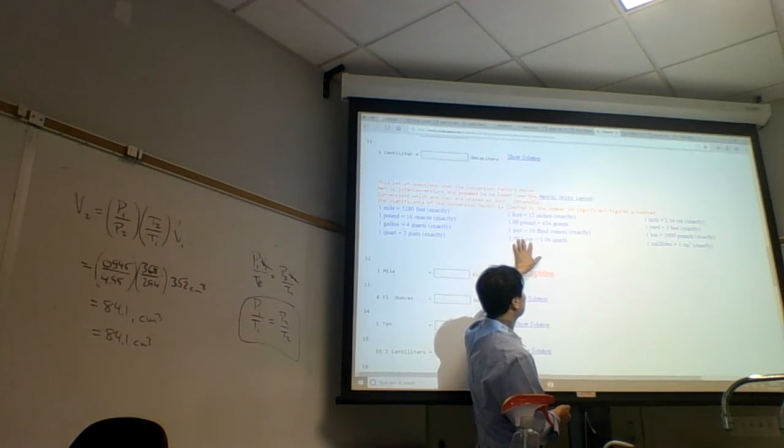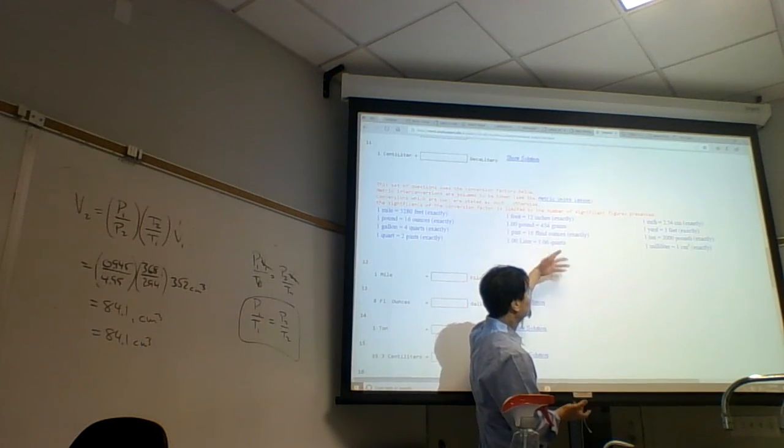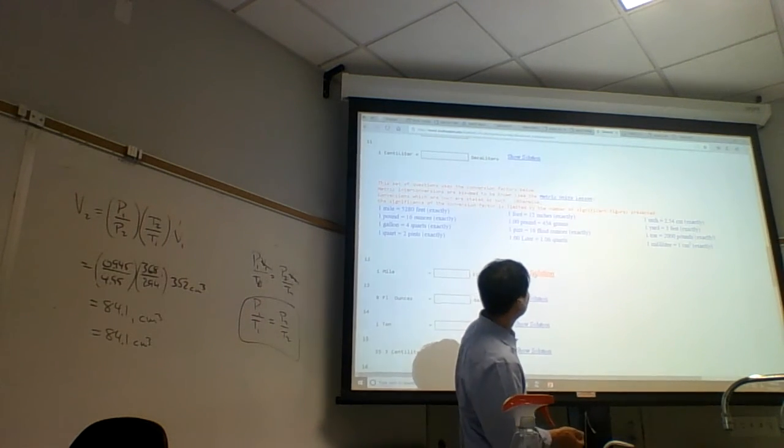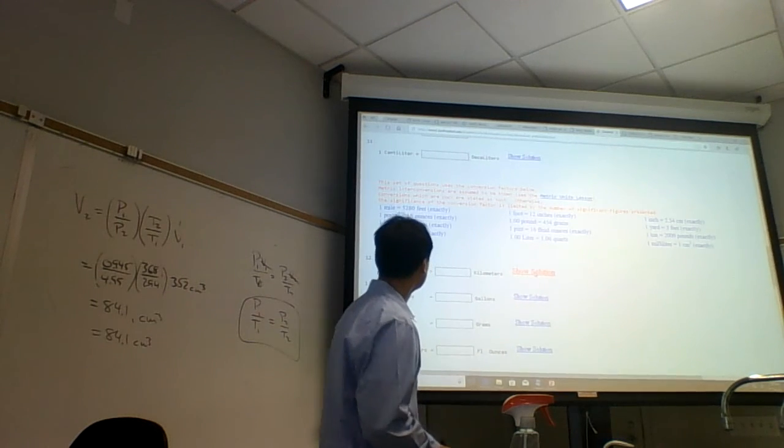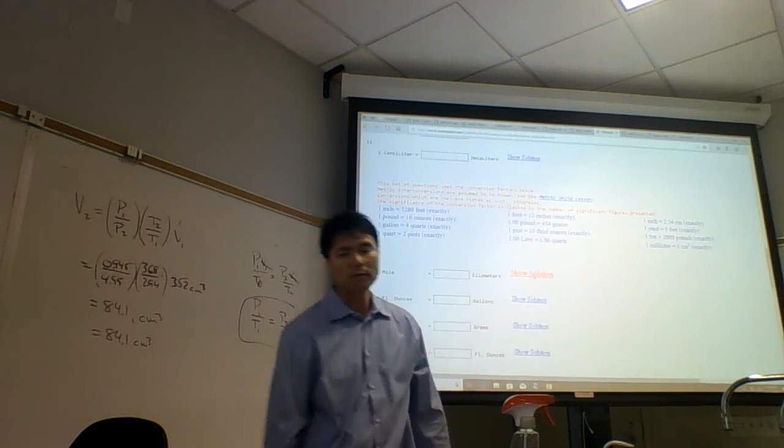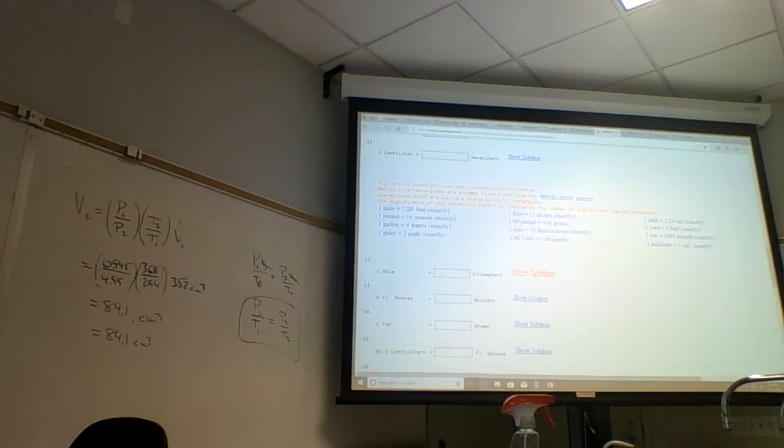So this is why I never talk about this one. That's about the least useful one there. The only purpose of that one is to show you how close a quart is to a liter. Quart and liter are very similar, like the bar is to an atmosphere. The bar and atmosphere are very close to one another.